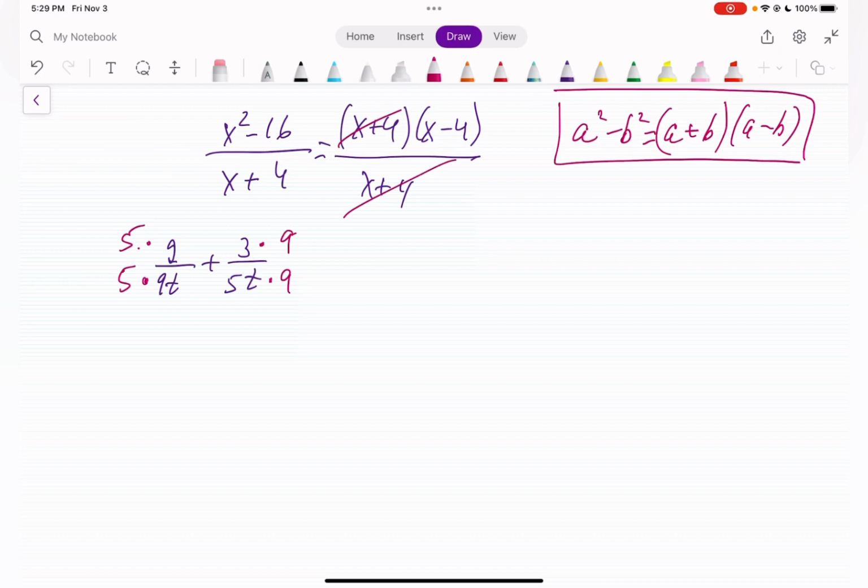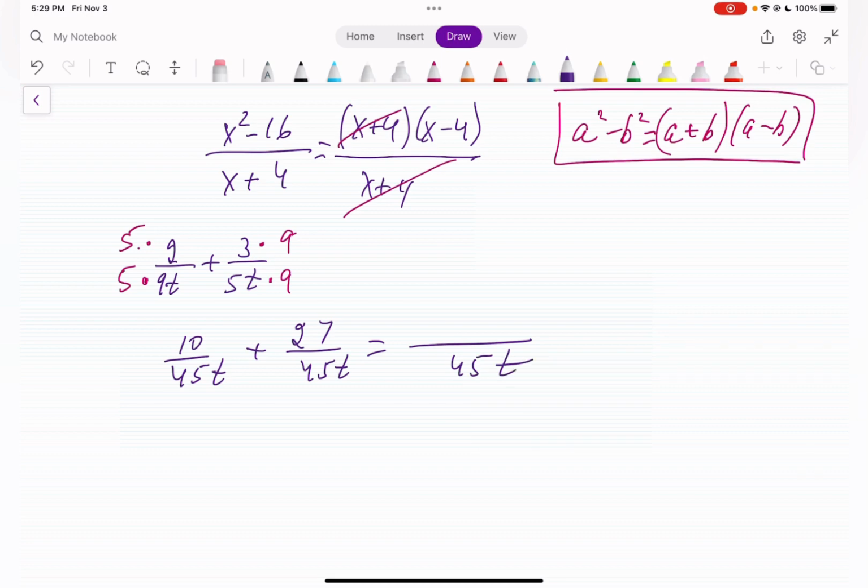And what do I get? I get 10 over 45t plus 27 over 45t. Once we bring to the same common denominator, I'm doing 10 plus 27, and that's going to be 37 over 45t. I cannot simplify 37 and 45 because 37 is a prime number.